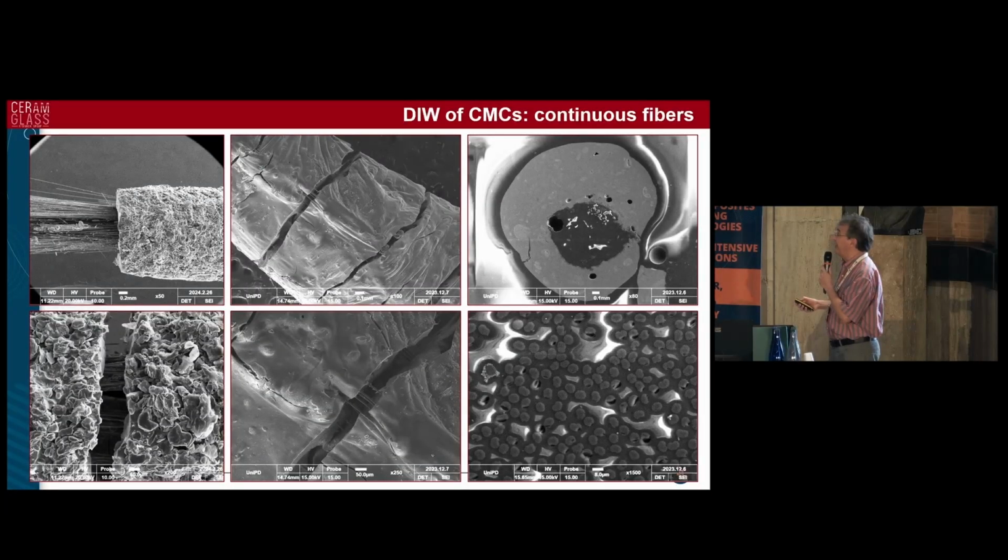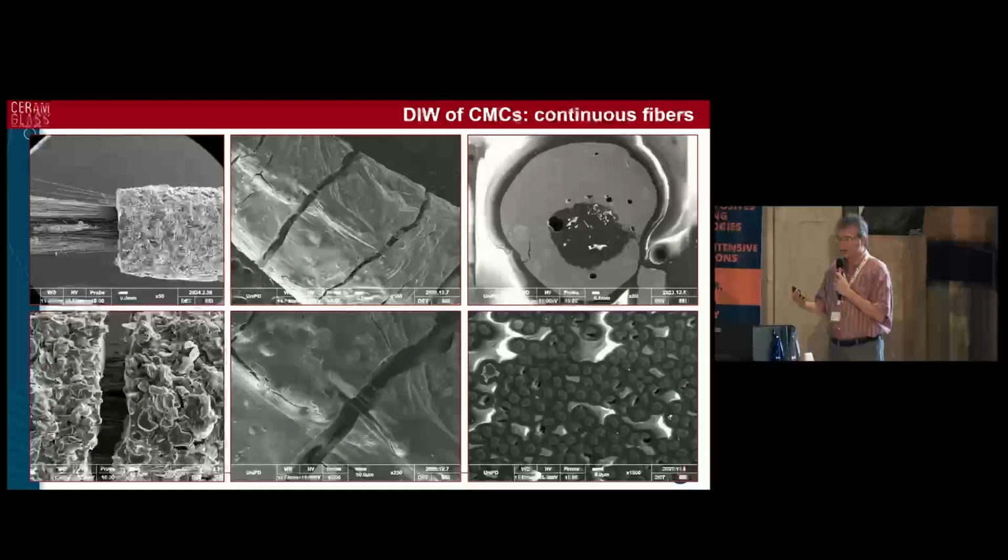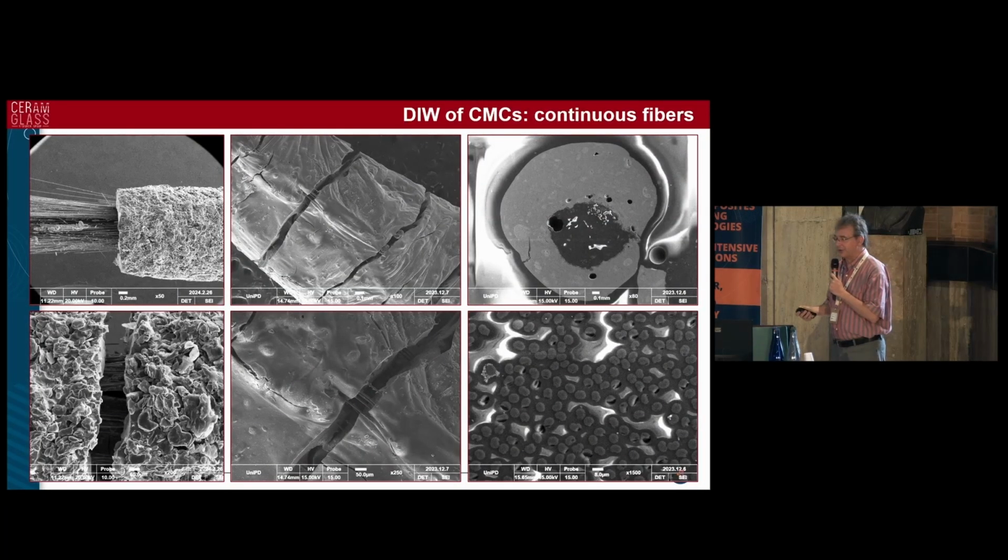You can see here, this is after pyrolysis. You can see here that we were able to obtain materials with a large content of fibers. You can see that we still have issues in terms of cracking, but this is unavoidable because while with chopped fibers, we can somehow arrange them during pyrolysis in order to achieve an uncracked matrix, if you have continuous fibers, you certainly have some sort of interface between the matrix and the fibers, and this leads to cracks in the matrix that are perpendicular to the fibers.